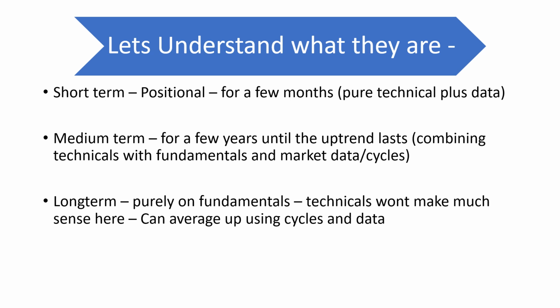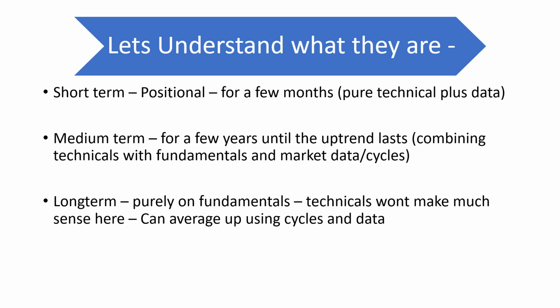Because you're playing it for the next 10, 15, 20 years, you would want to continue your SIP in the same stock whenever you see that it has cooled off, the cycle has again started moving up, and the data is also good. You can continue your SIP and average them up. So this is how you would be playing these three different trades, that is short, medium, and long-term trades or investments.